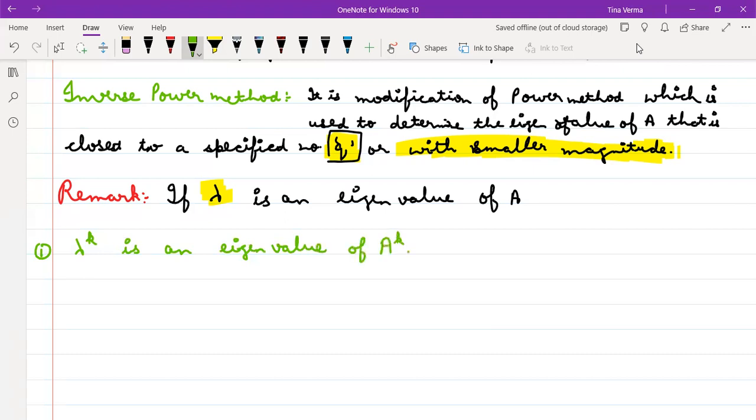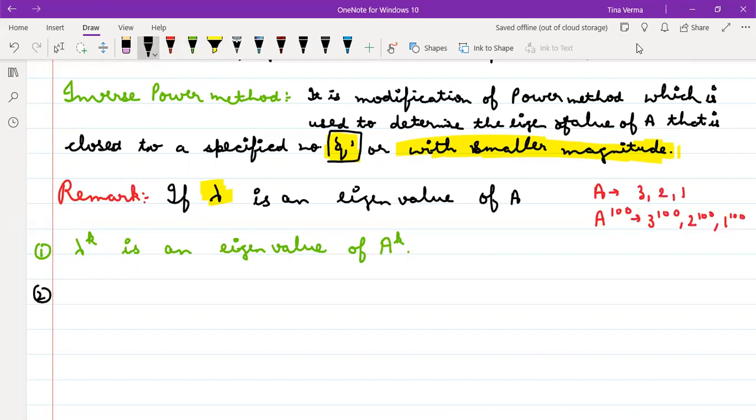That means if some matrix A has eigenvalues 3, 2, 1, and I ask you to find the eigenvalues of A raised to the power 100, that will be nothing but 3 raised to the power 100, 2 raised to the power 100 and 1 raised to the power 100. So this property holds that lambda^k is an eigenvalue of A^k.